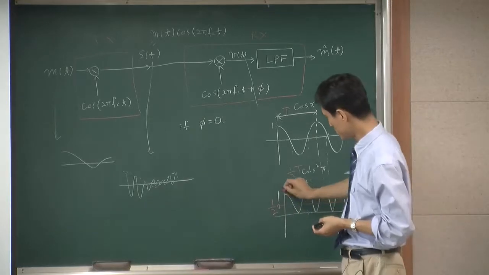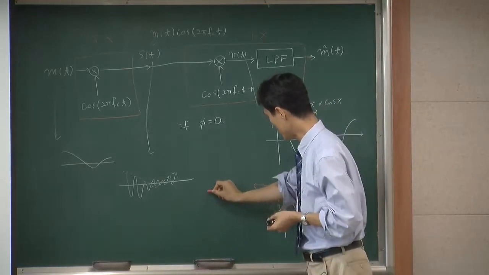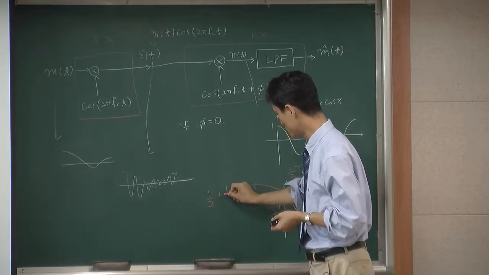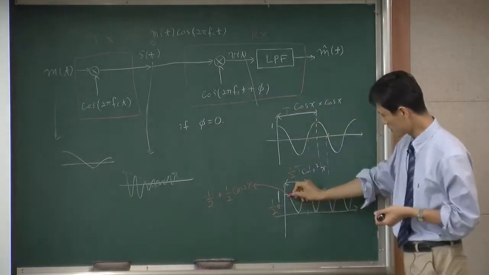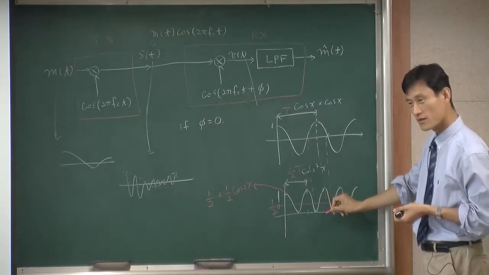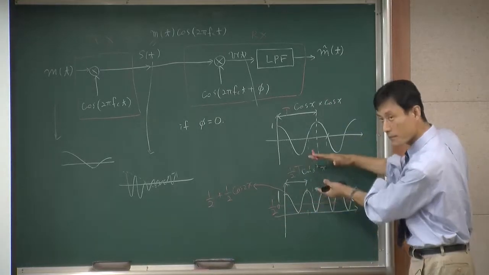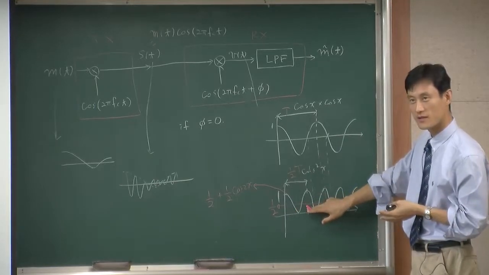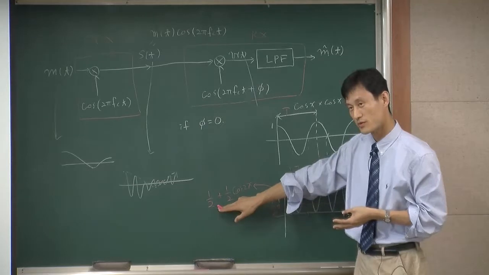So when I write this equation in general, I can say that it's 1/2 plus 1/2 cosine 2x. Why do we have 1/2? Because it's lifted up. The mean is not 0. The mean is 1/2.